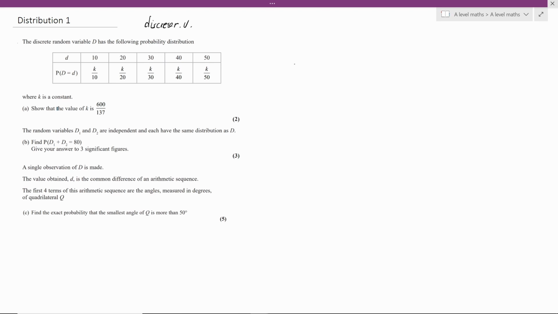And we use the fact that the sum of all the probabilities of all the events, let's say events denoted by i, the sum of P(X = i) should be 1, as I just stated. This is generally true for any discrete random variable.